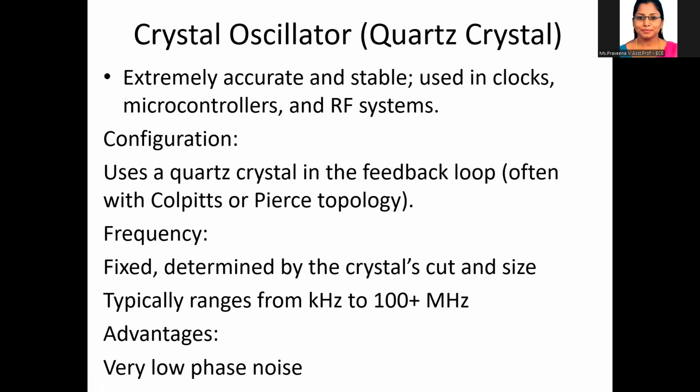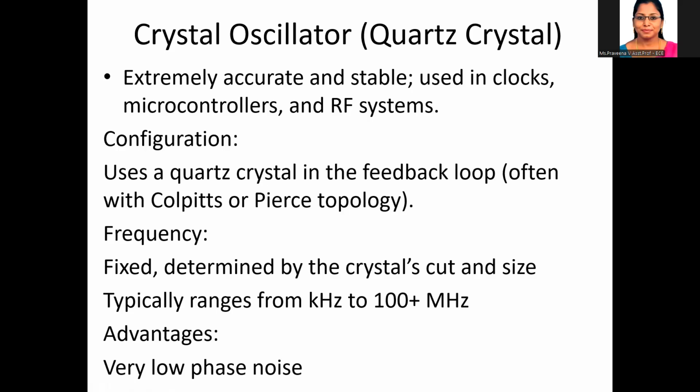Due to its excellent frequency stability, it is widely used in clocks, microcontrollers, and microprocessors. In a crystal oscillator, the quartz crystal is placed in the feedback loop of an amplifier, often using the Colpitts oscillator.